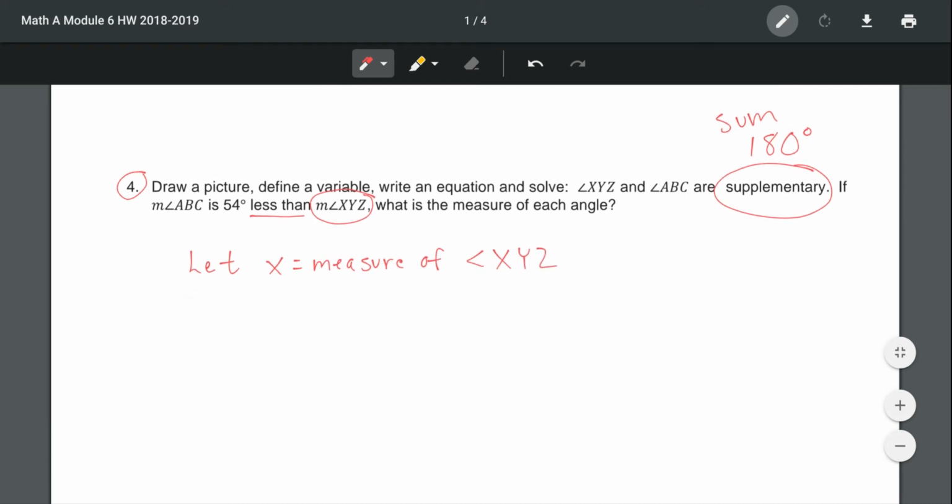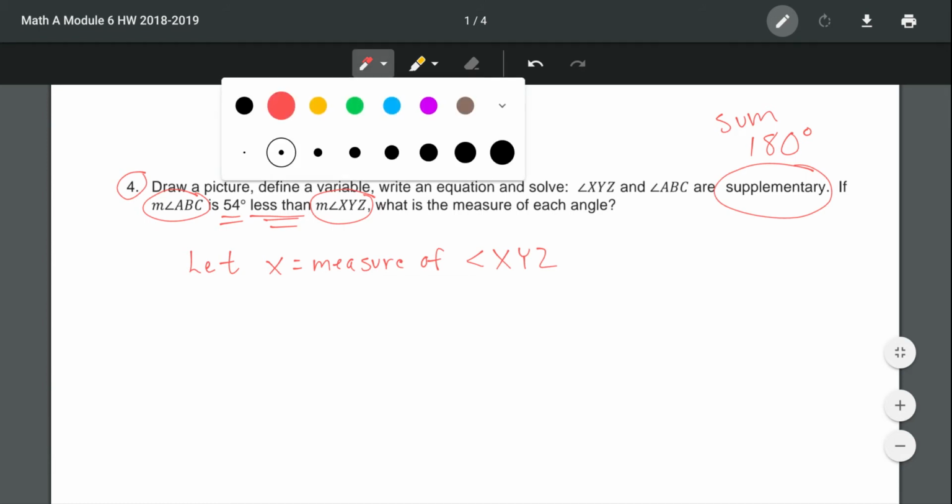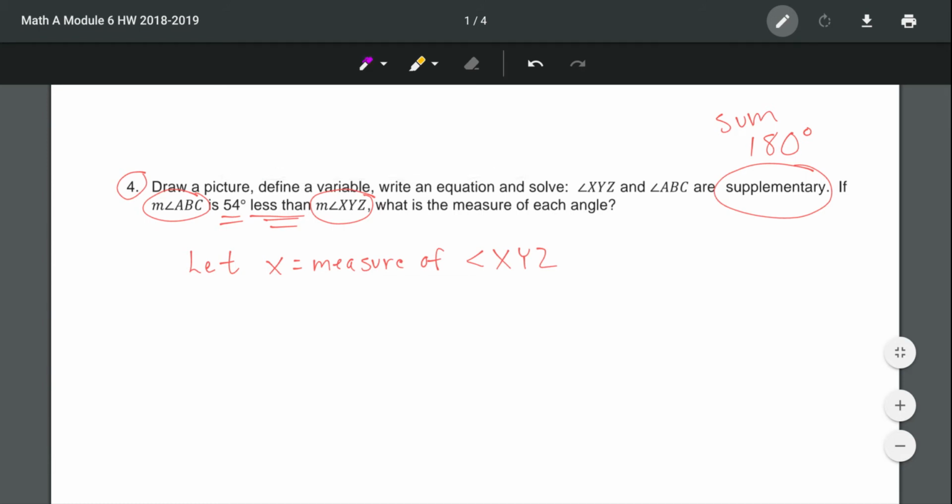Okay, we also don't know the measure of angle ABC. All we know is that it's 54 degrees less than whatever the measure of XYZ is. So we define the measure of angle XYZ as x.